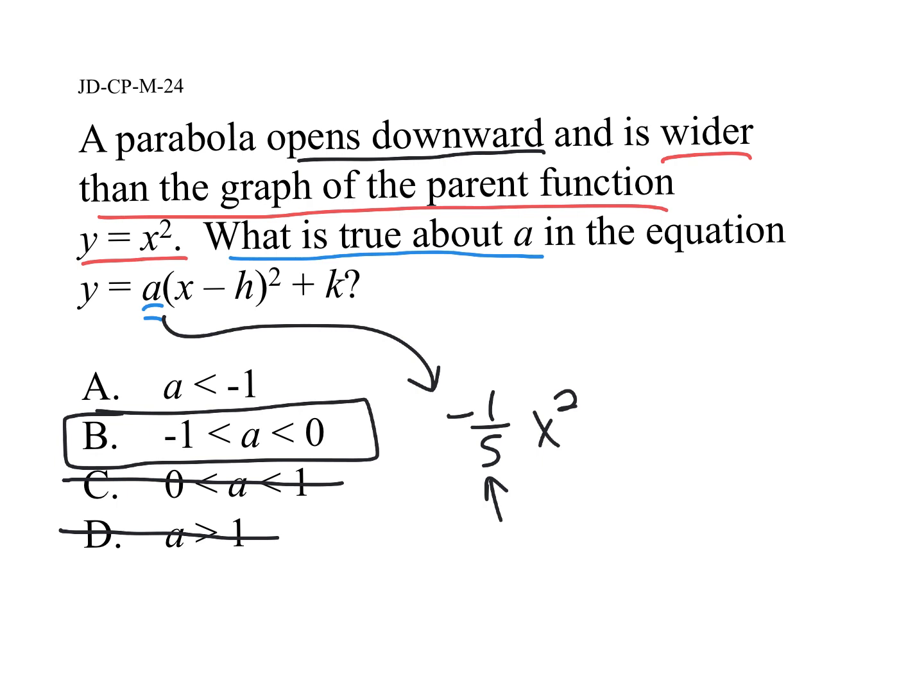If you had a negative that made it go down and then you had a number bigger than 1, let's say you had a 5 there, that's going to be going down really quickly. Okay, so with this being a smaller number, a smaller negative number, it's not going to go down as quickly, which is going to make your graph wider.